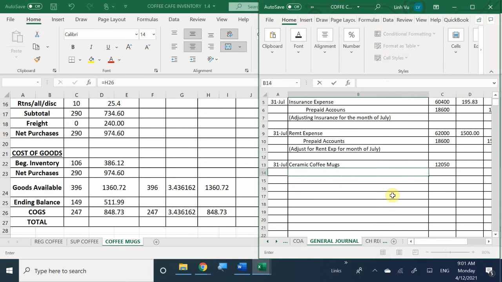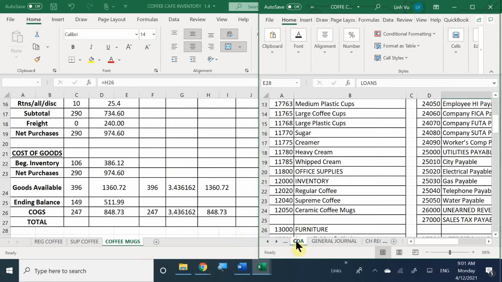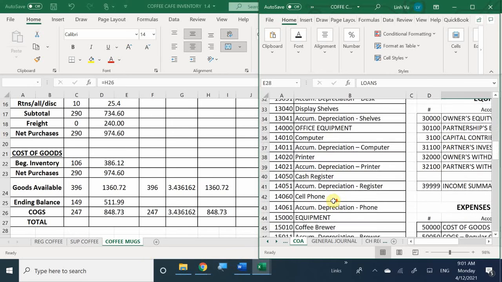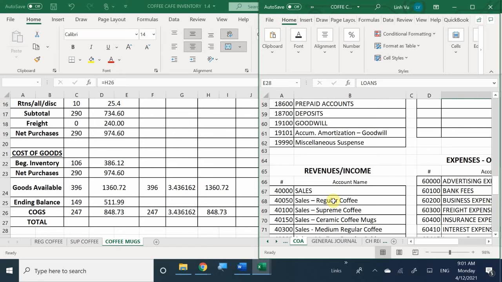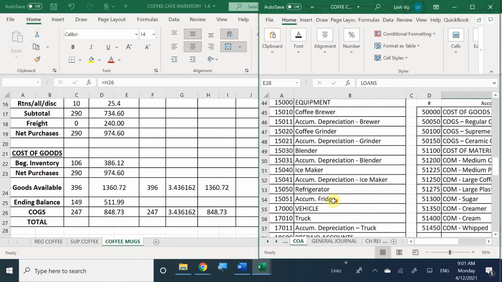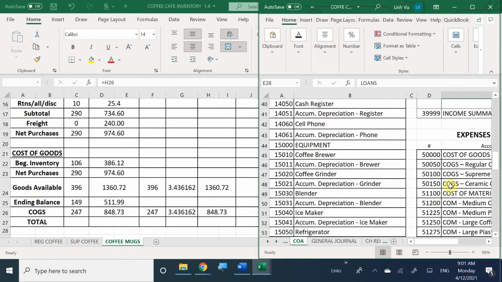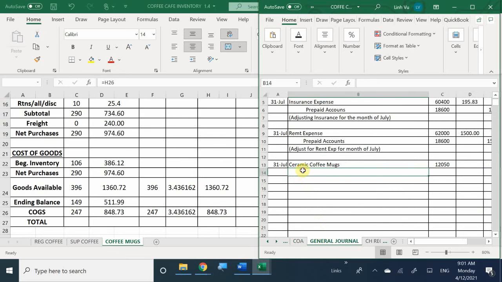So in this case, specifically, it's cost of goods sold what? Ceramic mugs. Yes. Cost of goods sold, ceramic mugs, which is account number 5150. So COGS.